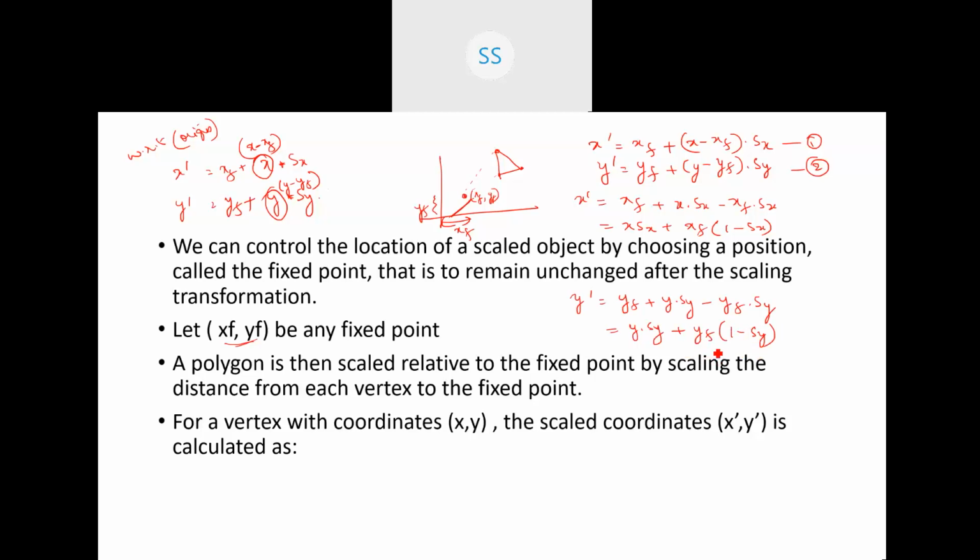This particular part of my equation is something called a constant value, because it is only dependent on xf and yf. The change is only in x and y. Basically, if you change the point, p1 is x comma y, p2 is going to be x2 comma y2, and p3 is going to be x3 comma y3.